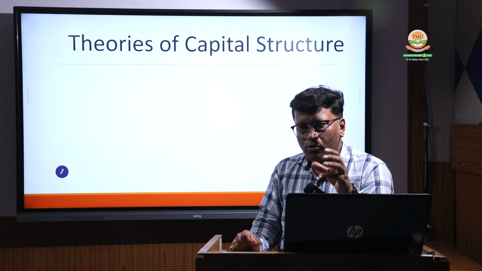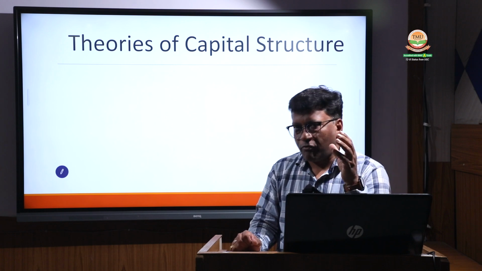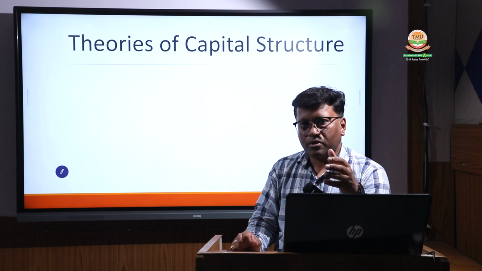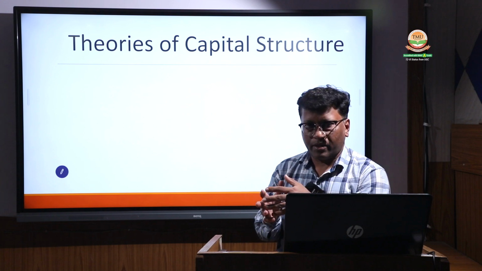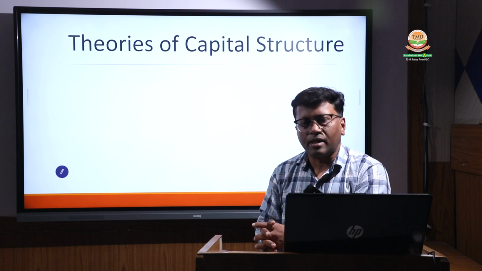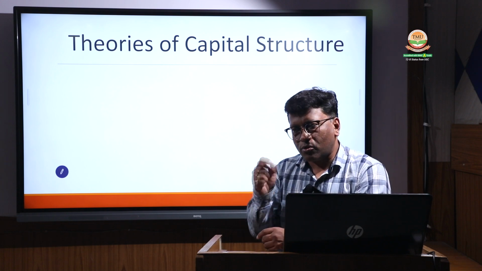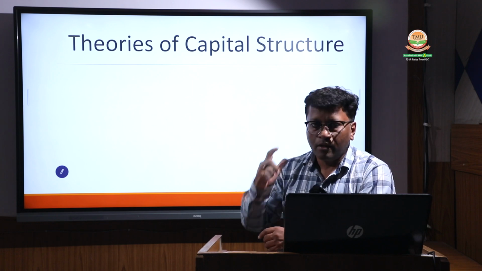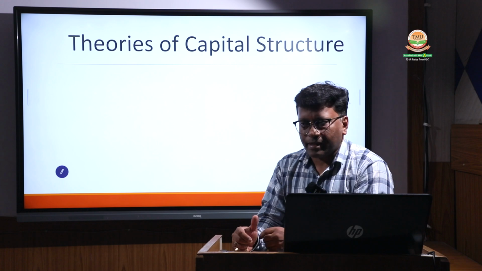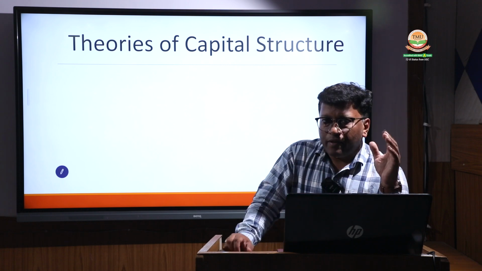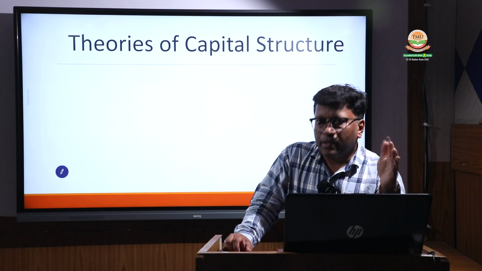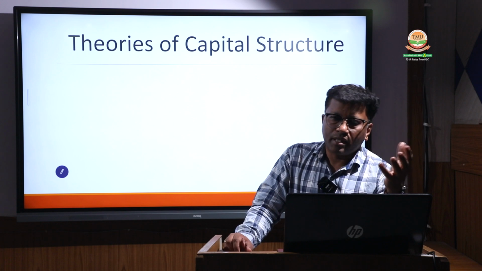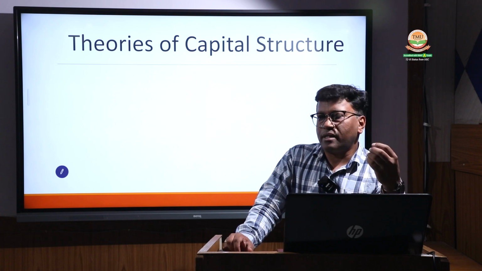So if you want to reduce the finance cost, if you want to reduce the cost of fund within your organization, you should consider exactly what is the cost of capital of the different sources of finance. So preferred shares, equity shares, debentures, and a number of securities are there through which you can raise the fund.